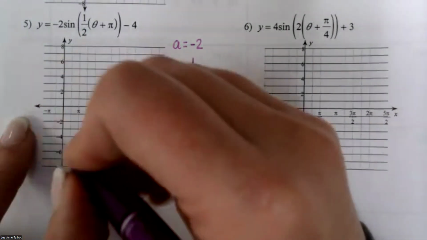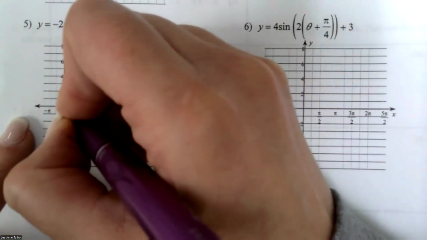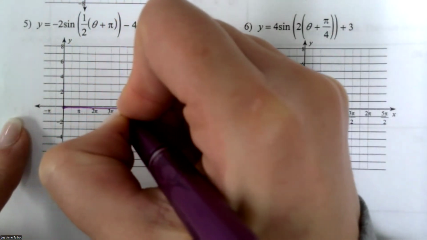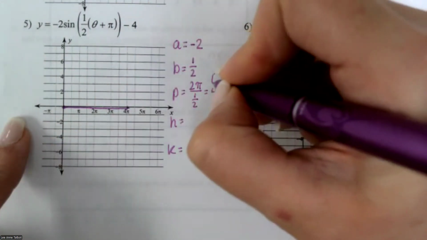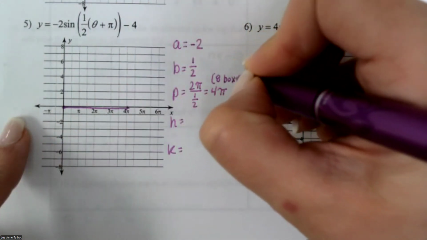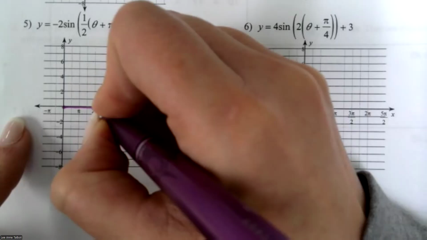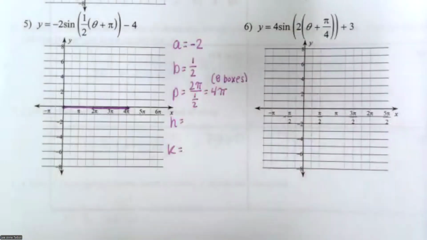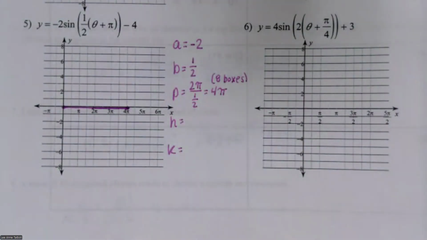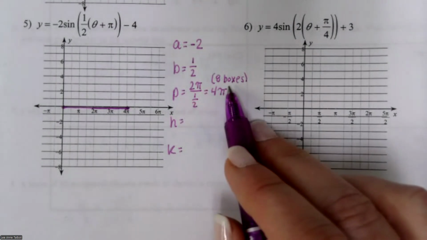How many boxes is 4 pi on here? Great. Just made myself a little ruler. Okay. 8 boxes.